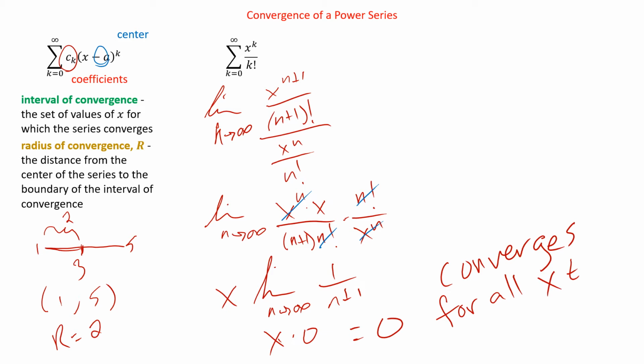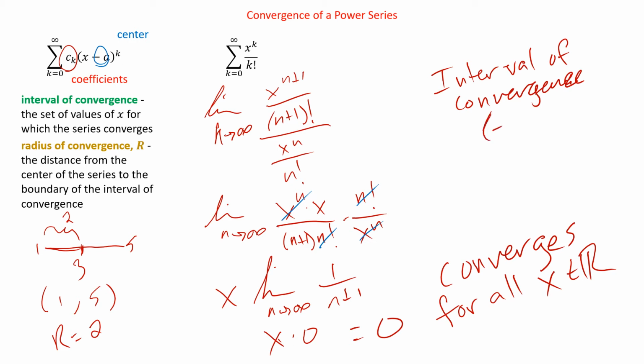Well, real numbers that are x. We couldn't possibly have x as infinity or anything, but that does mean the interval of convergence, that's a C, is negative infinity to infinity, and the radius of convergence is infinite.